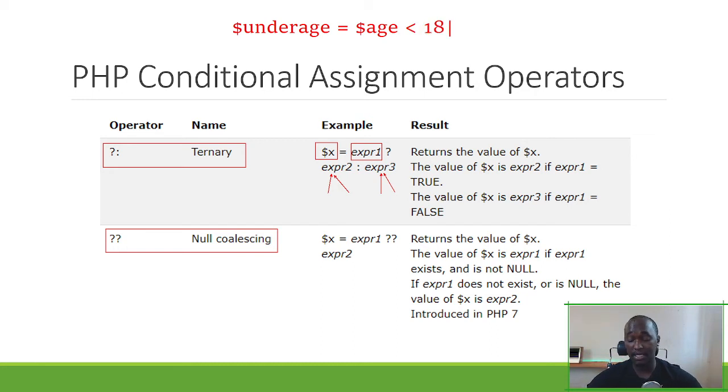If it's less than 18, question mark, if it's true, then we want to say you are not allowed to create an account. I don't have much space, so if this is less than 18, we just want to say not allowed. Otherwise, so it has that colon, otherwise you want to say welcome, something like that.